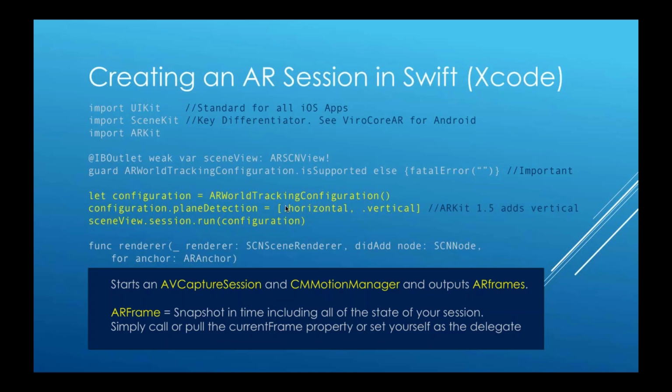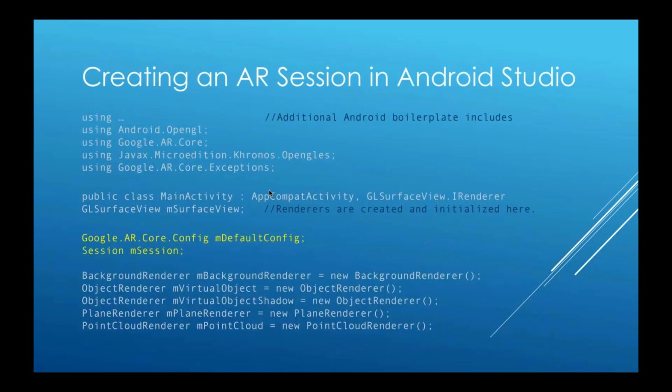They're dipping into CM Motion Manager, they're creating a core motion session for you, and all that's happening, and it's just giving you back these AR frames, which you don't even have to deal with because those get fed into SceneKit. Again, the AR frame is a snapshot in time, including all the state of your session. And you can either pull those current frames, 30 frames a second, or you can set yourself as the delegate and just get them when new ones come in.